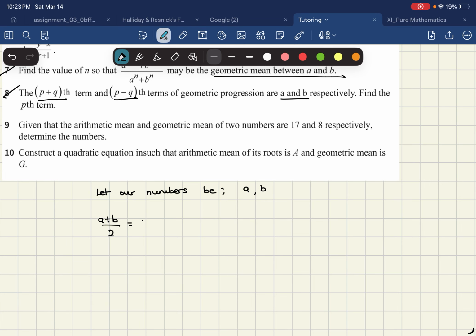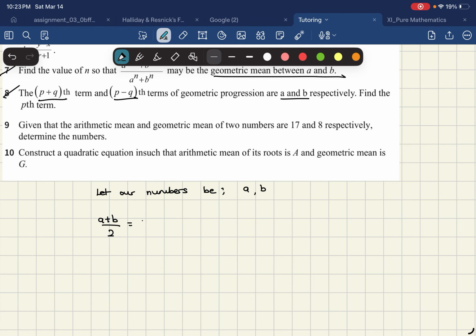So I know these two relationships. From this, I know that a is just 34 minus b. And I can substitute this expression here. So I have 34 minus b times b is equal to 64. So 34b minus b squared is equal to 64. If I take all my expressions to one side, I get b squared minus 34b plus 64 is equal to 0.